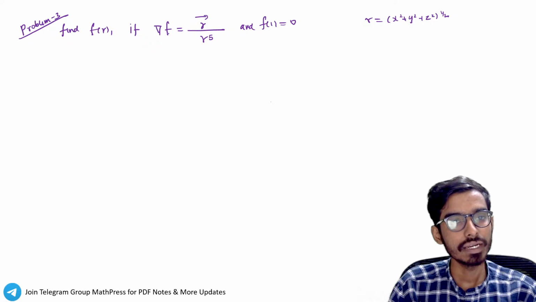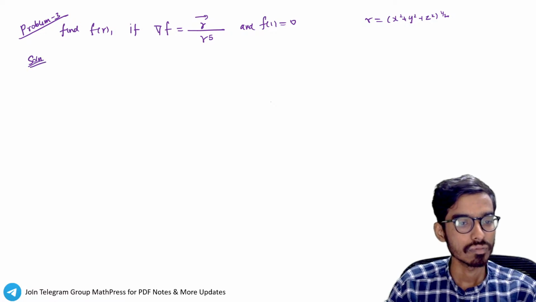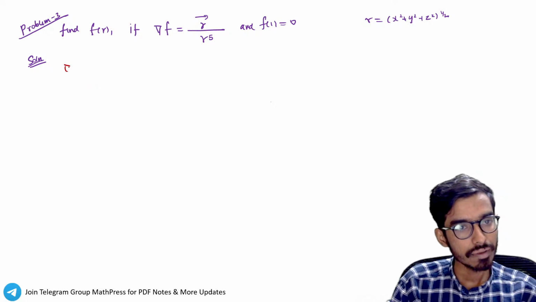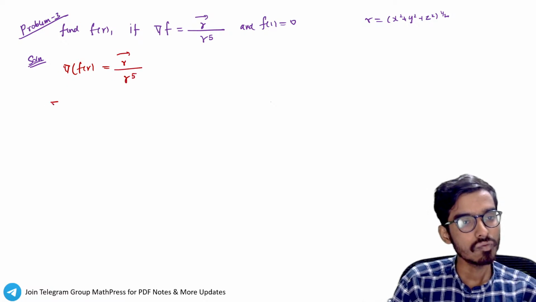So we need to find f such that del f is r vector by r power 5, right? Solution. Now they have given del of f of r is equal to r vector by r power 5. Now what is del?